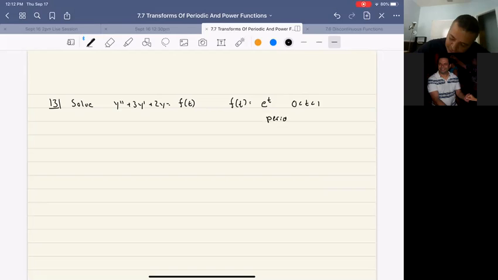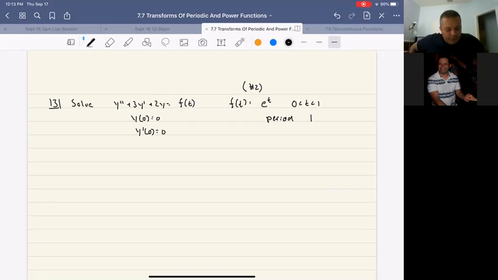So this was the one from number 2 that we did earlier. And we have y of 0 equals 0, y prime of 0 equals 0.